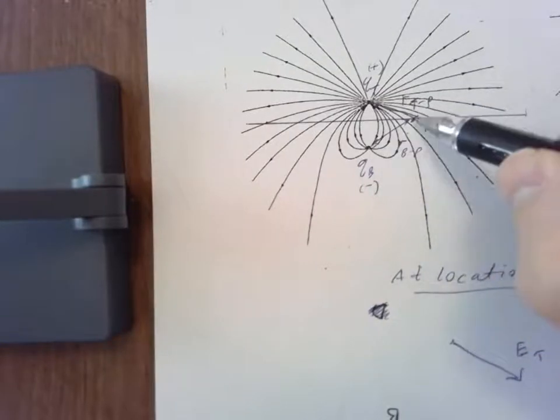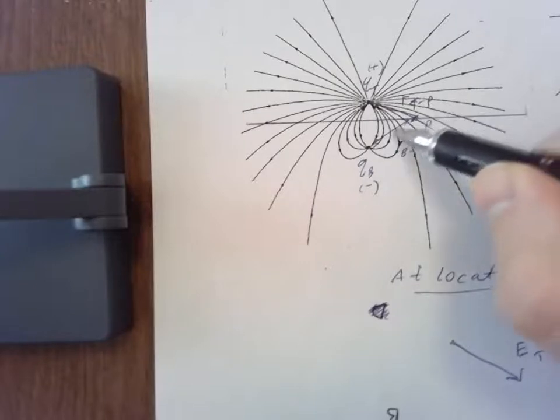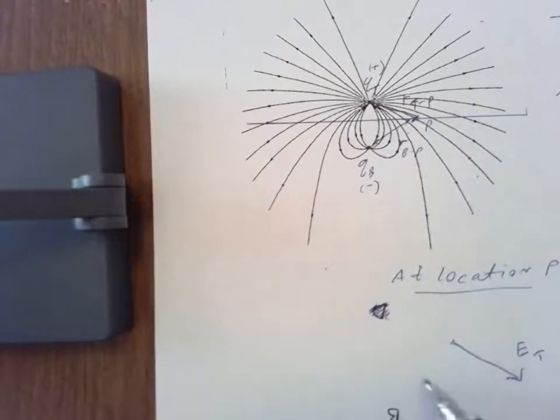The bottom charge at that same location would attract any positive test charge, and so would make an electric field along this line straight towards the bottom charge. So the bottom charge would make an electric field kind of like this, E of the bottom at that same point.